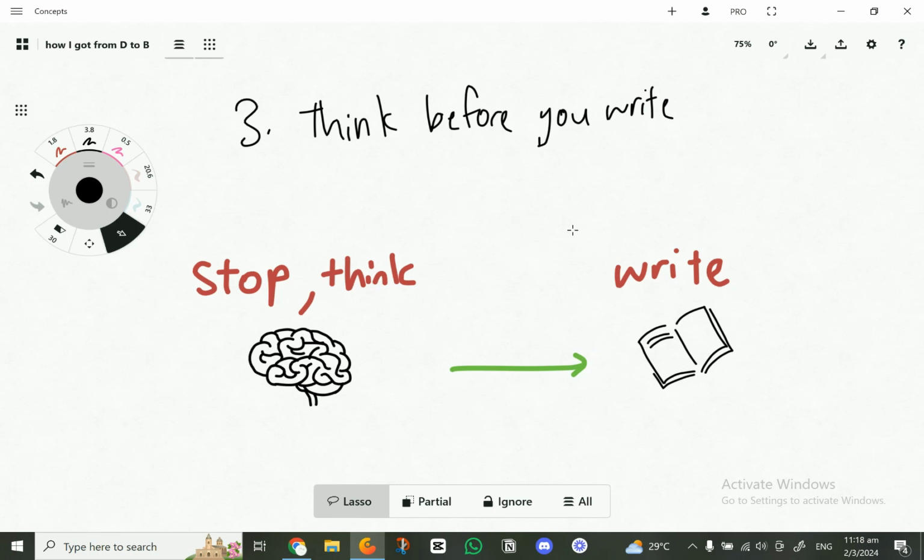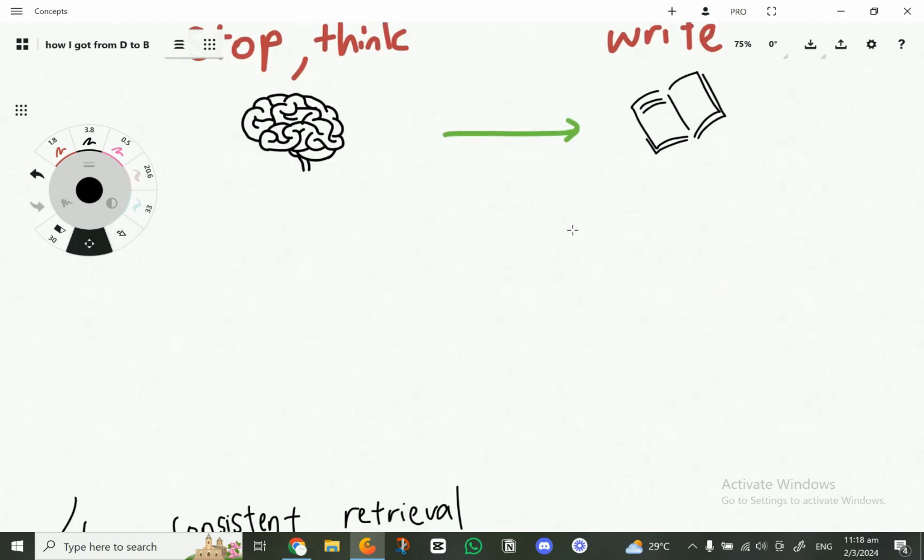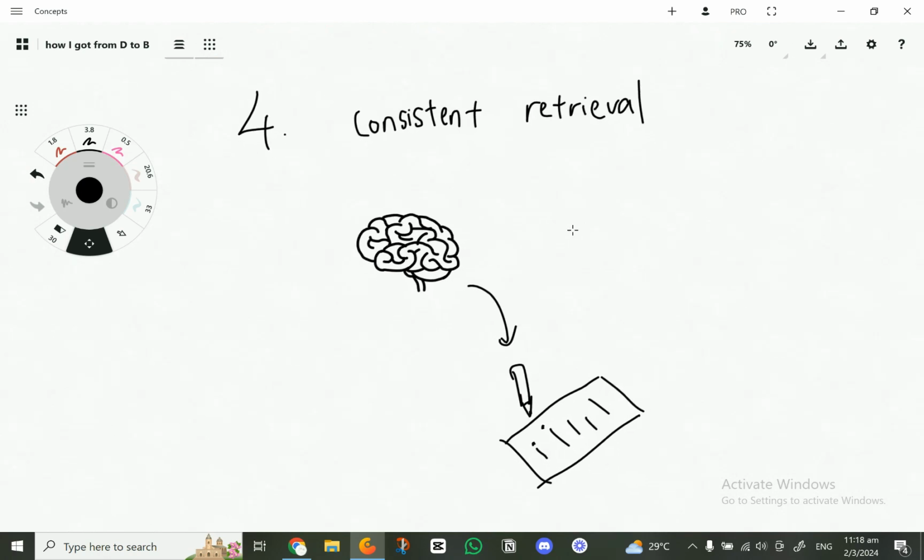This leads to the fourth and last point: constant retrieval. What this does is help me not forget so much of the information. You'll still forget, because you're going to forget, but you want to minimize that. To do that, you want to do consistent retrieval or revision sessions.